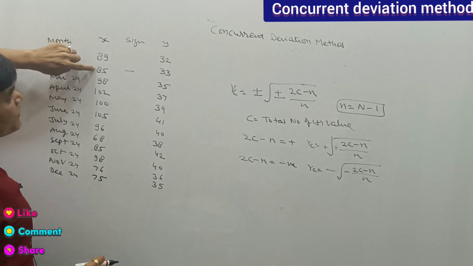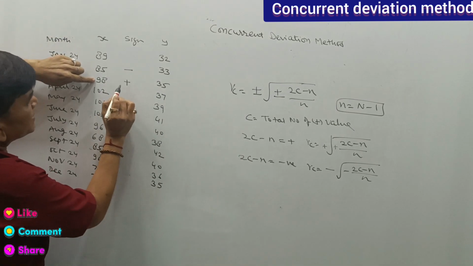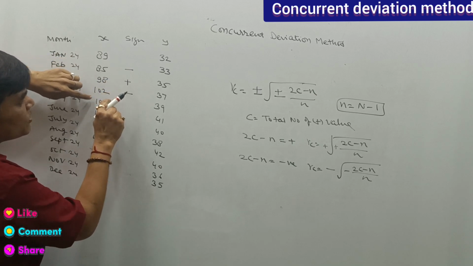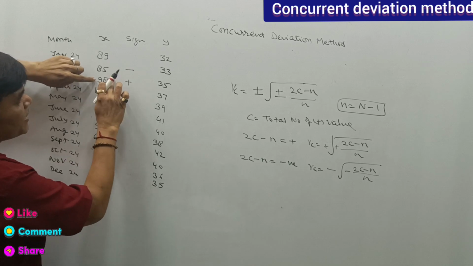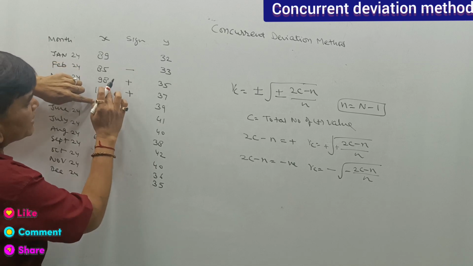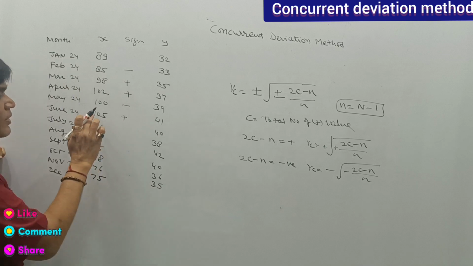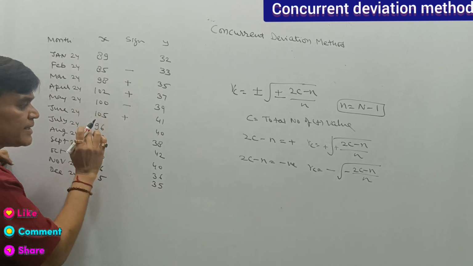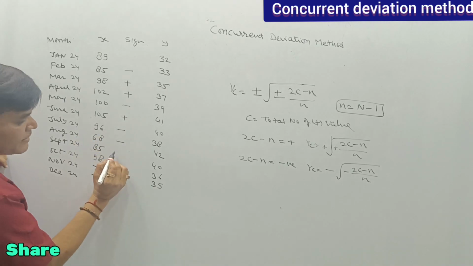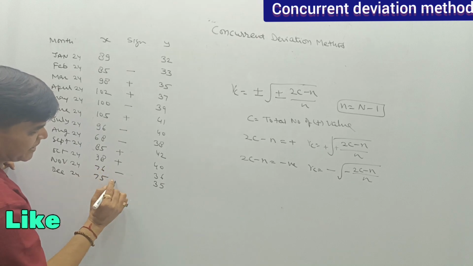So 89 to 85 decreasing, minus; 85 to 98 increasing, plus; 98 to 102 increasing, plus; 102 to 100 decreasing, minus; 100 to 105 increasing, plus; 105 to 96 decreasing, minus; 96 to 68 decreasing, minus; and so on for the remaining values.